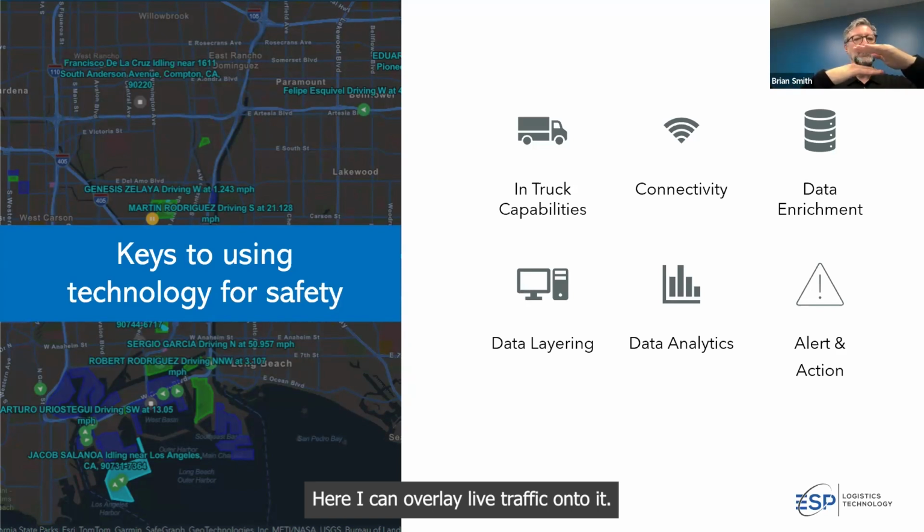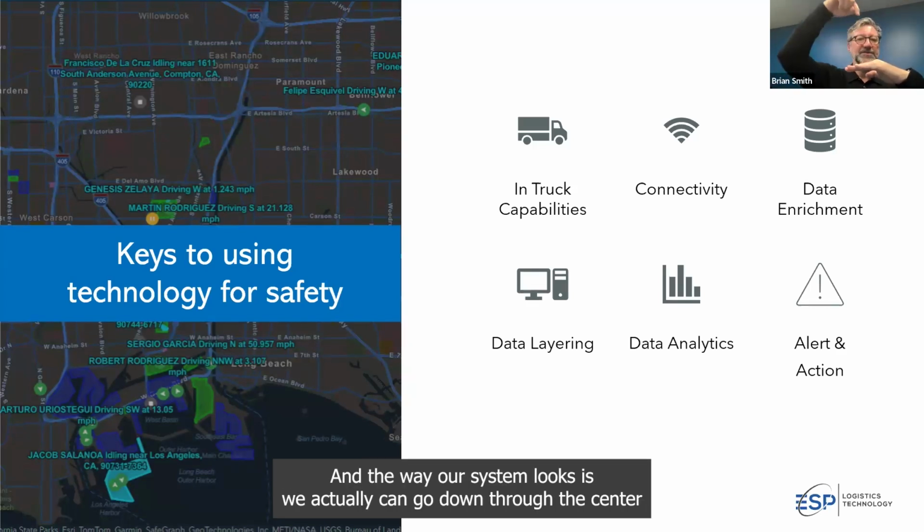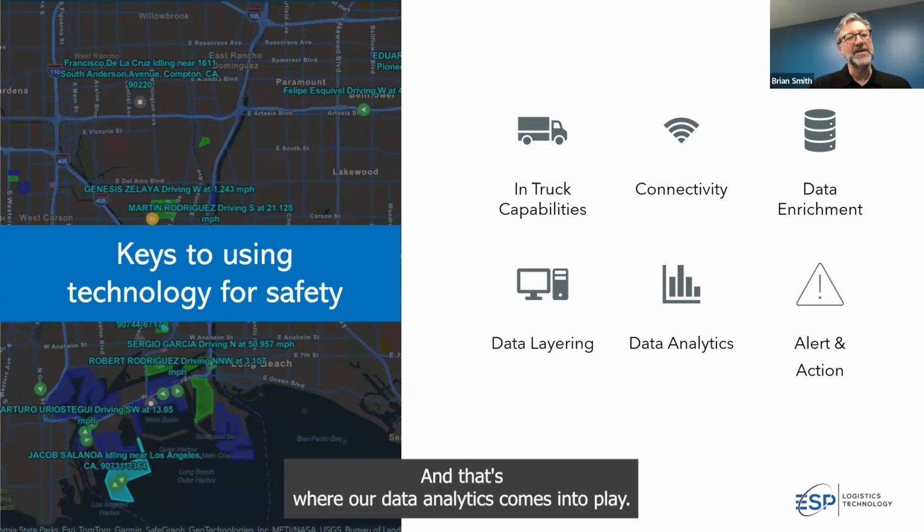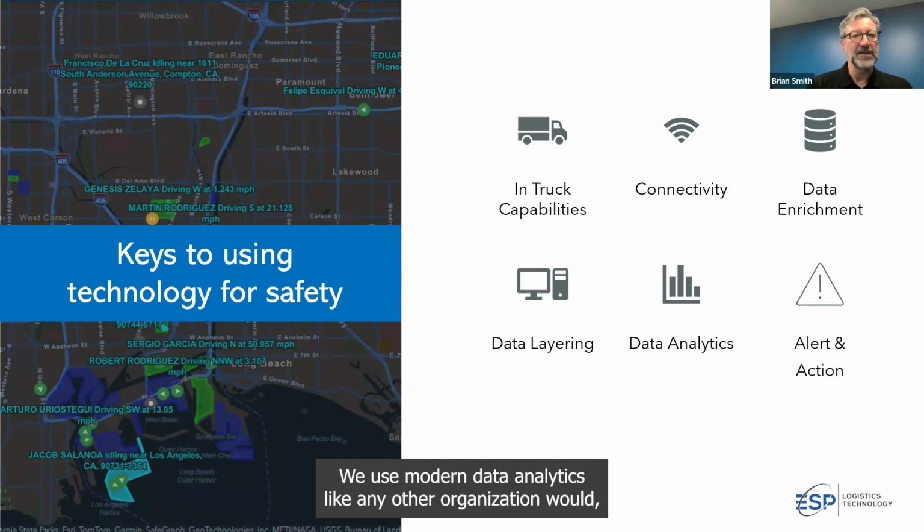I can overlay live traffic onto it here. I can overlay weather onto it here. And the way our system looks is we actually can go down through the center of all that to understand how one thing interacts with everything around it. And that's where our data analytics comes into play. We use modern data analytics like any other organization would, except we add the location to it.